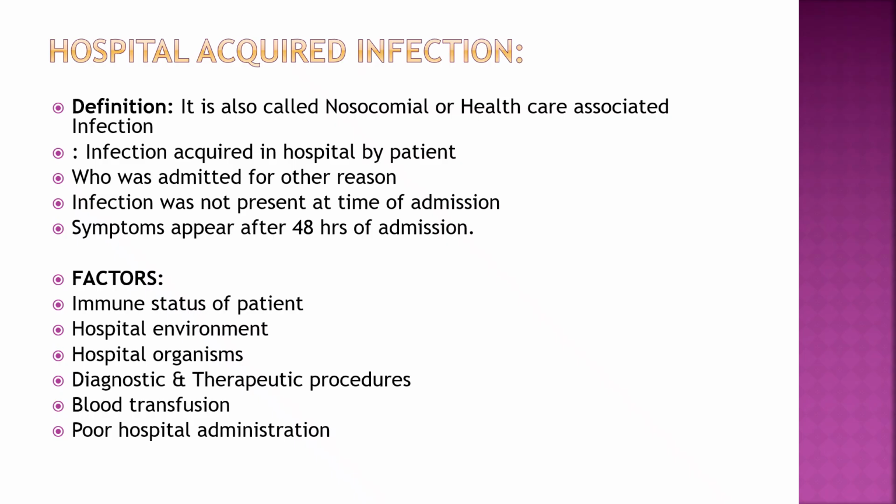Then diagnostic and therapeutic procedures: if they are done aseptically with proper precautions, then there will be low chances of hospital acquired infection. Then blood transfusion: if the screening of the blood and blood products is done properly, then the chances of transfusion infection are less. And then poor hospital administration. These are the factors which give rise to hospital acquired infection.